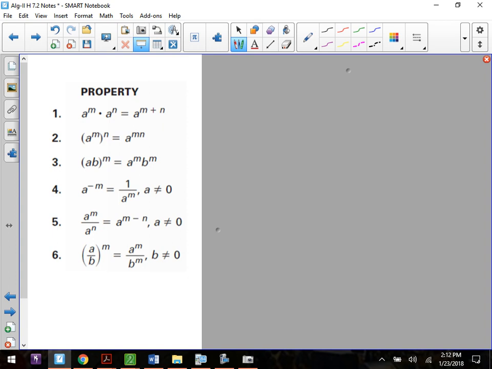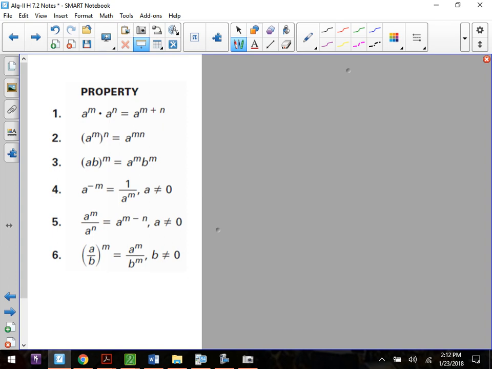We have the distributive property of an exponent. We have negative exponents. When exponents were negative, they weren't happy where they were, so we moved them around. And it worked the same way.